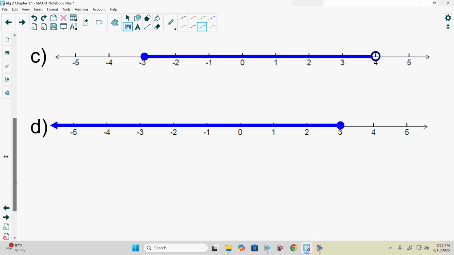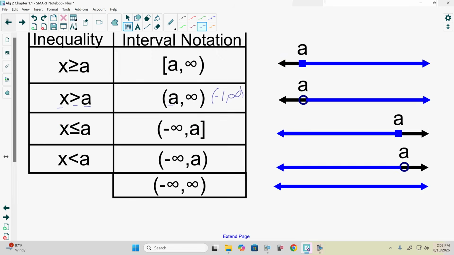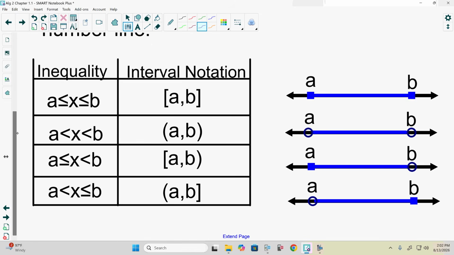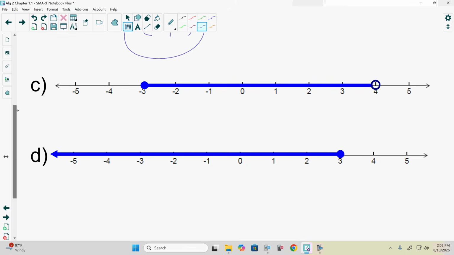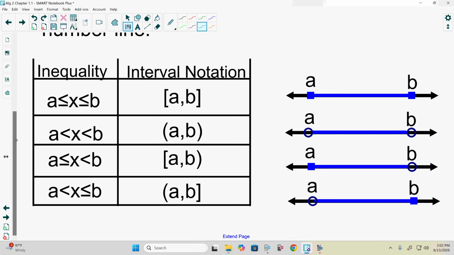So if we wanted to look at the chart for bounded intervals, we can look at these here. And as we see here, we do have a closed circle on the left, open circle on the right. Well, that matches up to the third one, yes? Now, A on this example has been replaced with what? -3, and B has been replaced with 4?